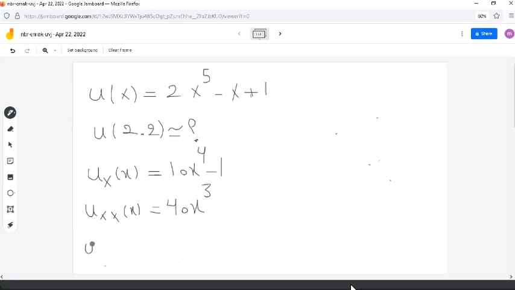And then u_xxx, the third derivative of u with respect to x, equal to 120x^2.